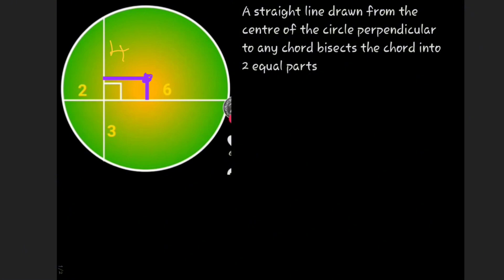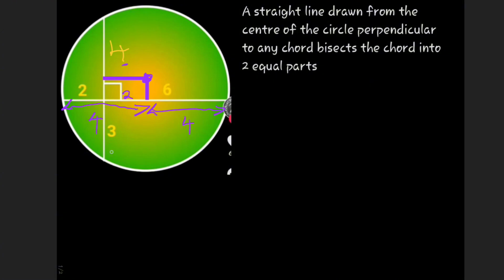So that means the distance from here to here is 4, and the distance from here to here is also 4. Now if the distance from here to here is 4 and we already have 2 on one side, that means the second side here also gives us 2. Now the distance from here to here, from the second chord, is 7.